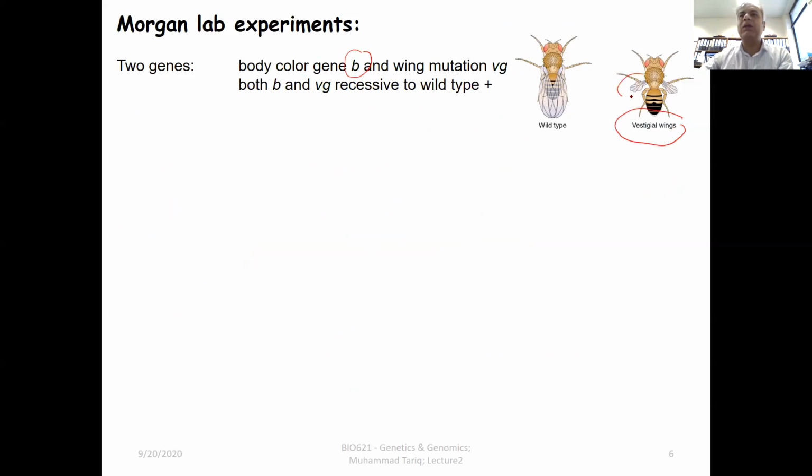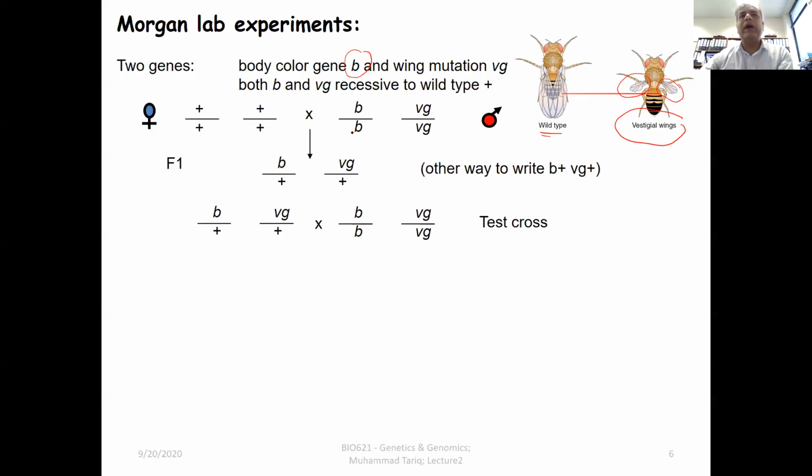Vestigial phenotype was this, very deformed wings, and the normal or wild type body color is brown. When they set up a cross between black vestigial homozygous recessive flies and wild type flies, in the heterozygous F1 they received all normal flies.